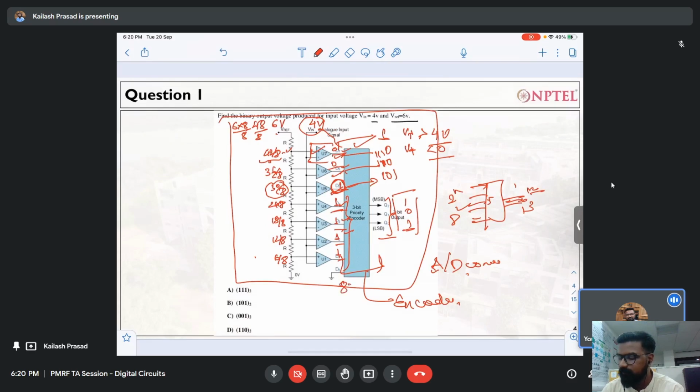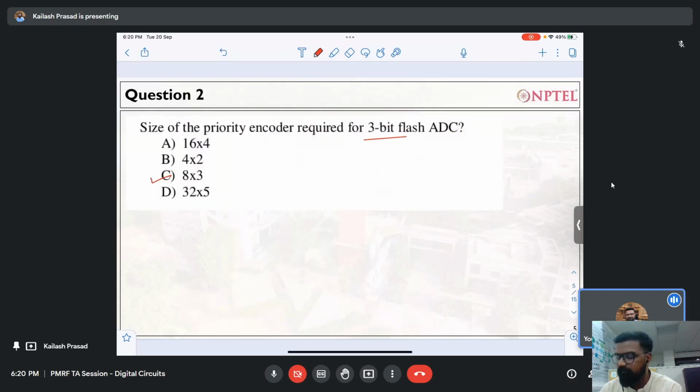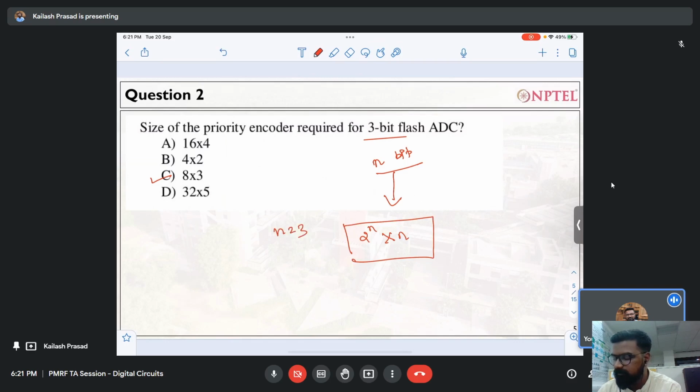So if you have n bit, the priority encoder required for the flash ADC will be 2 to the power n cross n. In this case n is equal to 3. The answer is 2 to the power 3 cross 3, so this will be 8 cross 3. Is that clear, everybody?